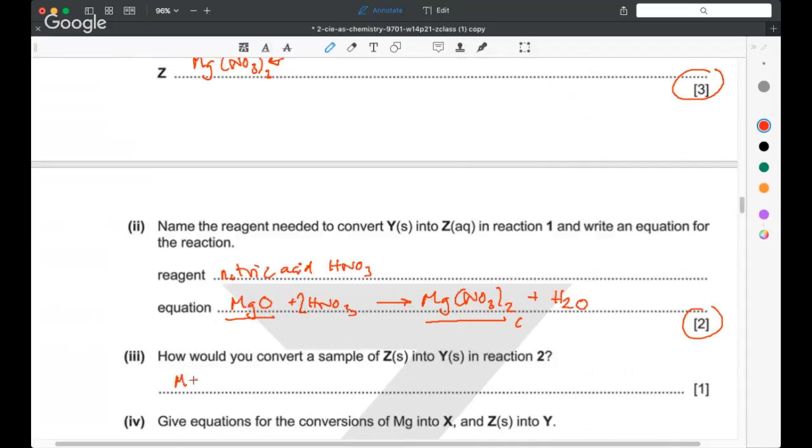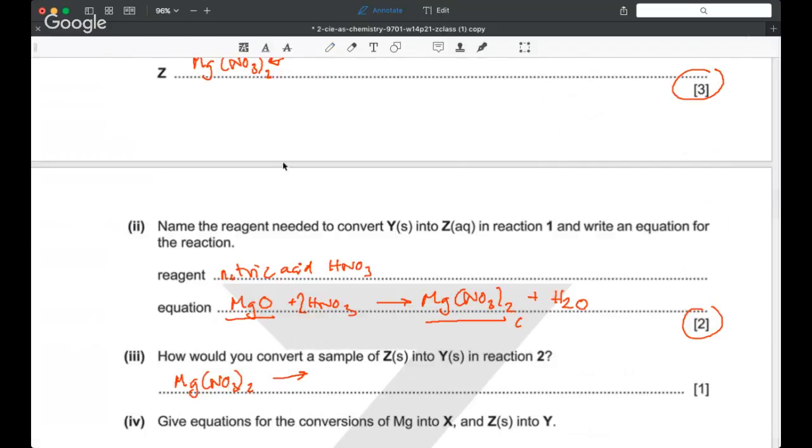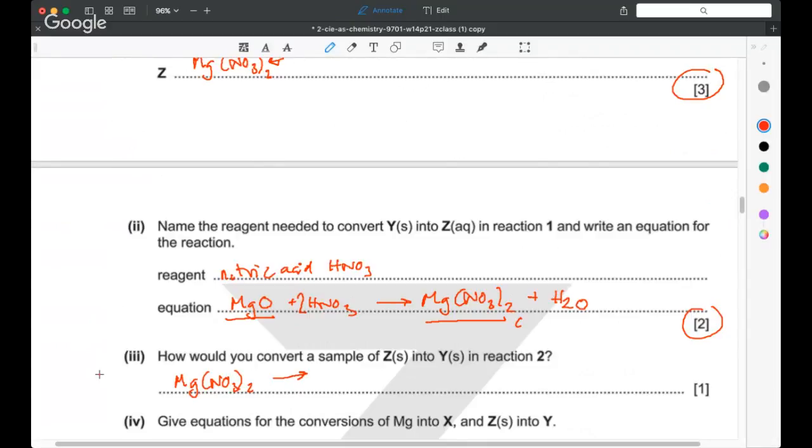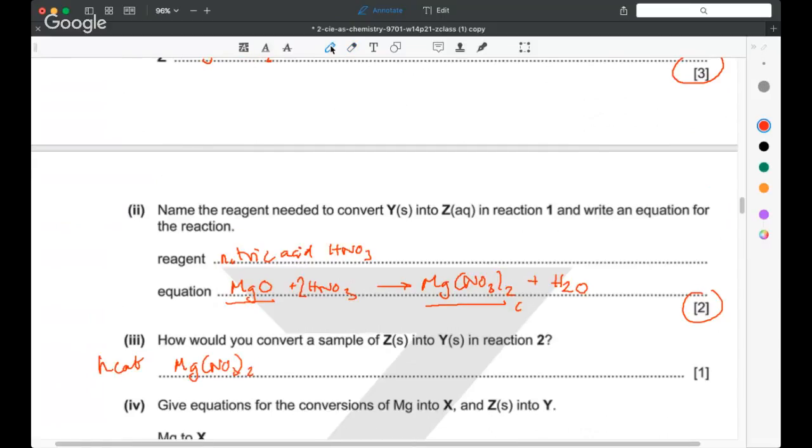And one of the things that, again, appears again and again and again in these Cambridge International exams is the thermal decomposition of group 2 nitrates. So you've got to heat solid magnesium nitrate, and that'll undergo thermal decomposition to give you back magnesium oxide.